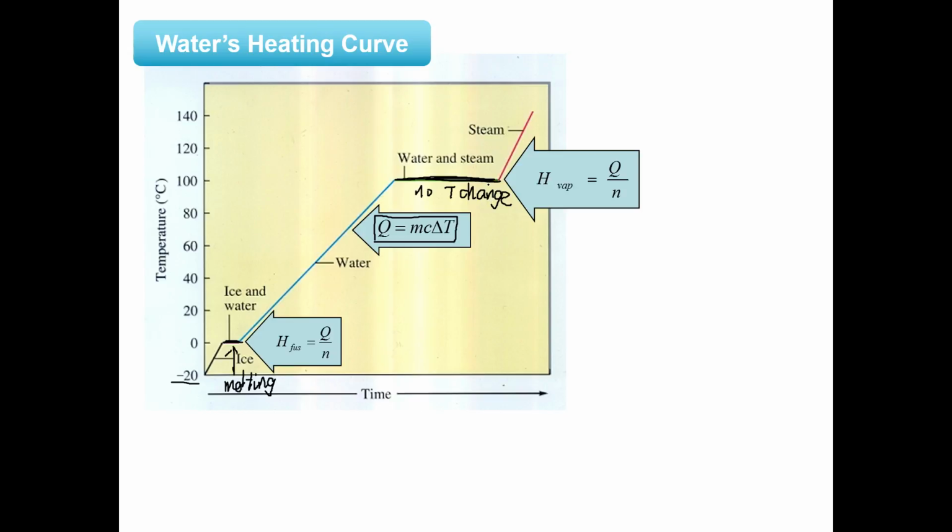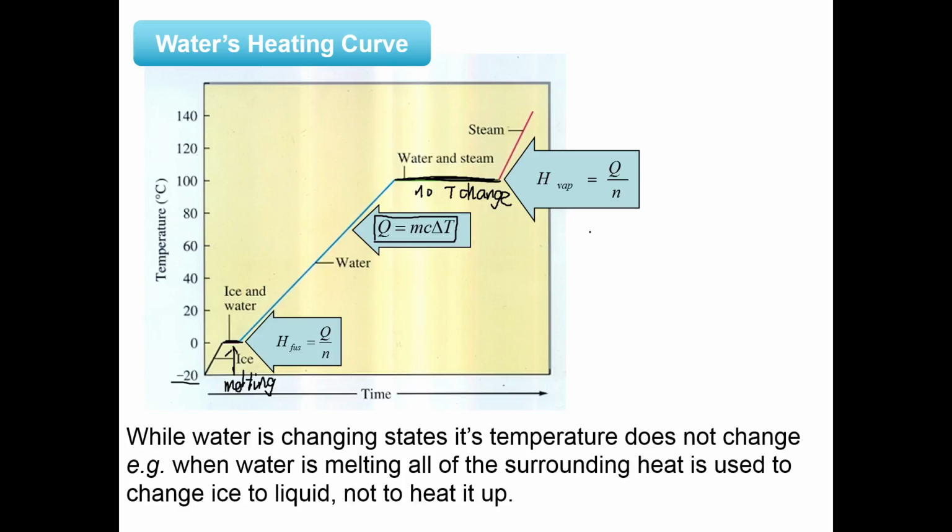There's no temperature change when it's melting, evaporating, condensing, or freezing, when it's solidifying. So remember, no temperature change when those processes are happening. That's what I'm trying to say overall: all the added heat is used to change ice to liquid and vice versa without heating it up.